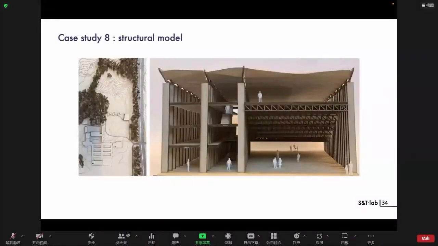Okay, another case study, a little more specific because it is extracted from a research by design that we made with Denis and Jean-Philippe with some groups of students. The topic was an addition to the Queen Elizabeth Music Chapel in Brussels, which is a center of excellence for artistic training with an international dimension in the music industry.